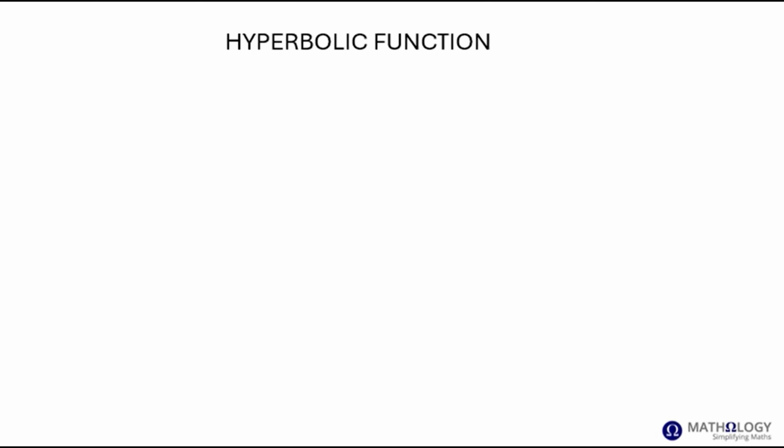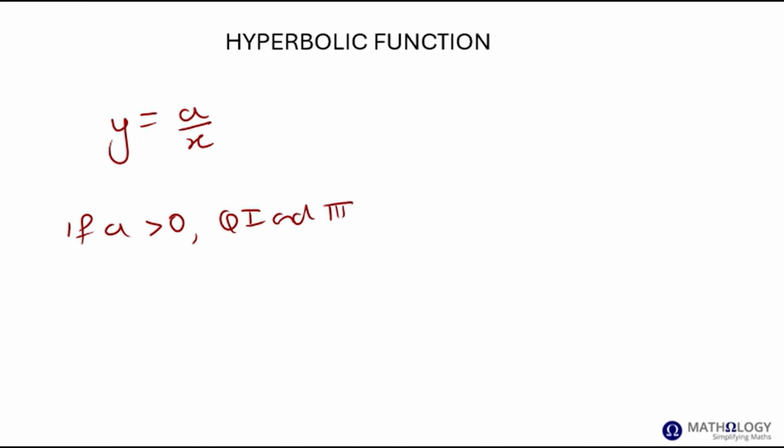Okay, the next function we're going to look at is the hyperbola or hyperbolic function. The textbook likes to call these reciprocal graphs. They are of the form y equals a over x. If a is positive, then the hyperbolic function will lie in quadrants 1 and 3.